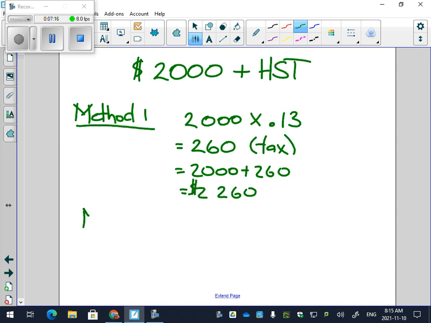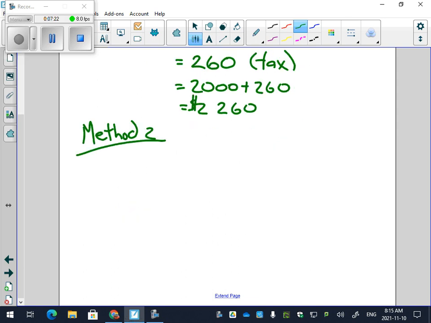By method 2, we're going to do it all in one step. Remember, we have the item, which is $2,000, and we're going to multiply it. There's the tax right there, but we put a 1 in front of it. And when we put a 1 in front of it, the 1 gives us the original cost, and the decimal 0.13 gets us the tax.